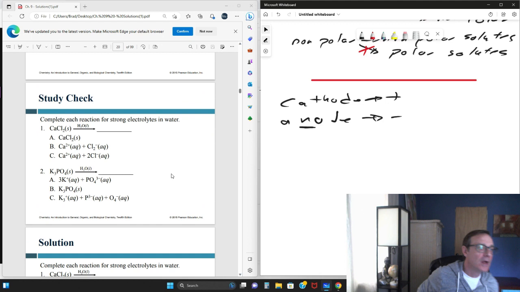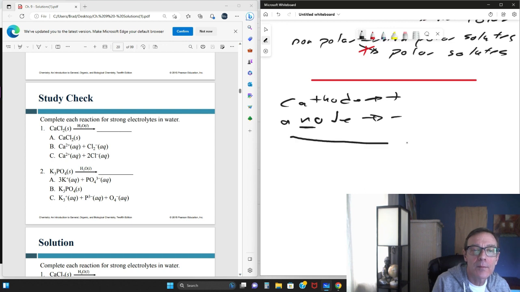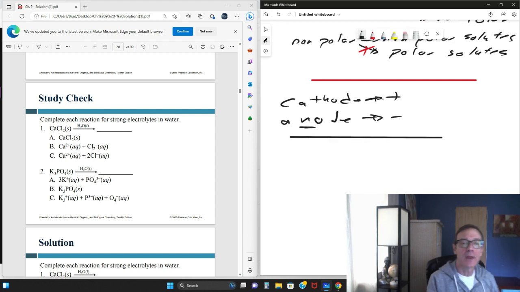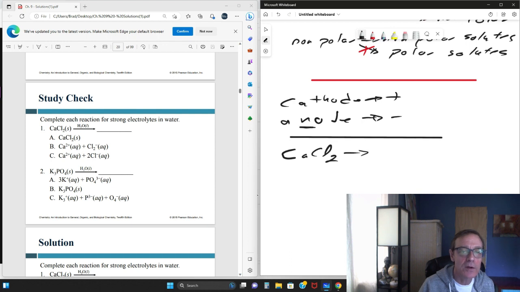Okay, so let's do a quick review of what we saw. So let's see. What would calcium chloride dissolve to in water? Calcium chloride is definitely polar.